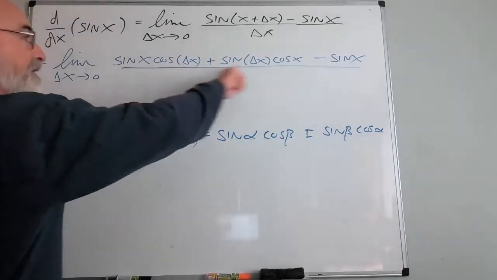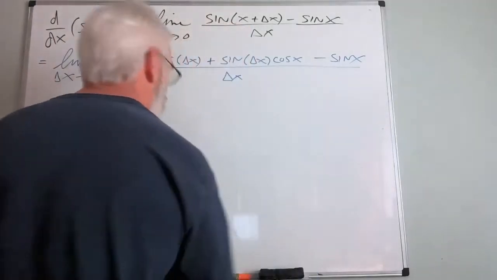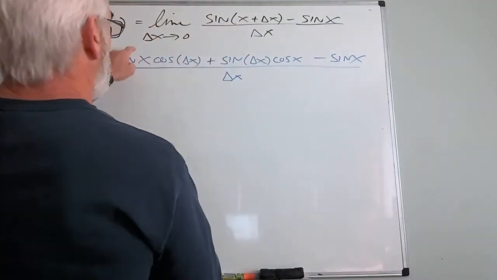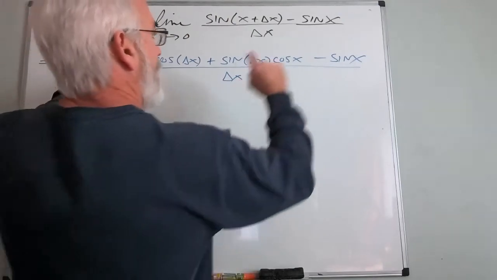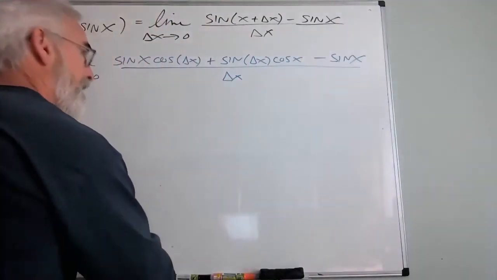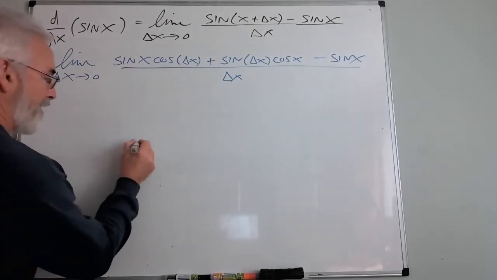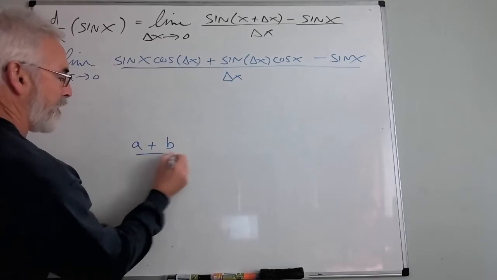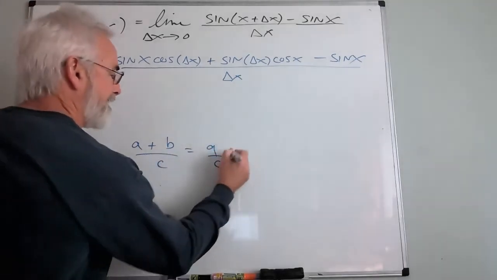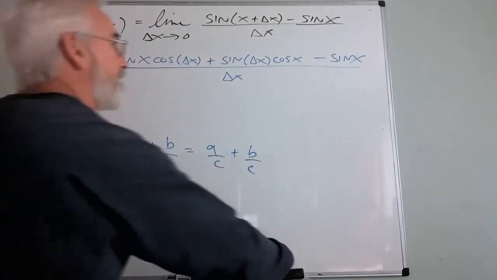But by doing this expansion, we've set ourselves up to do a little bit of factoring. So you notice I have a sine x term here, and I have a sine x term here. I can put those 2 together. Now remember, the limit of a sum is the sum of the limits, so I can pull apart limits. And remember, in general, if I said I have a plus b over c, I know that's this. I know I can always pull apart a quotient by leaving the denominator.